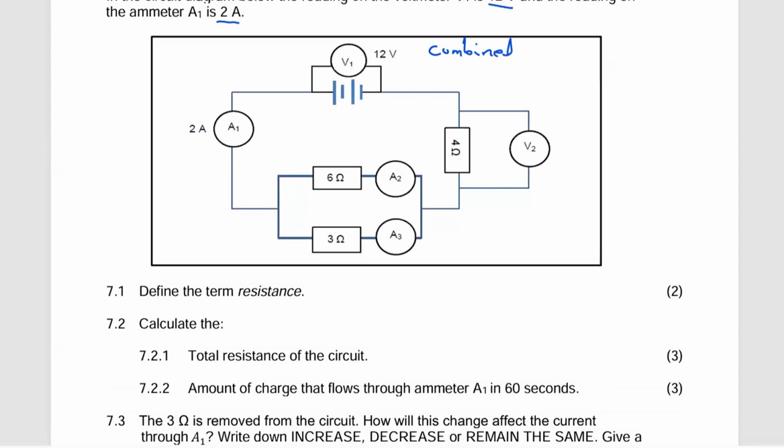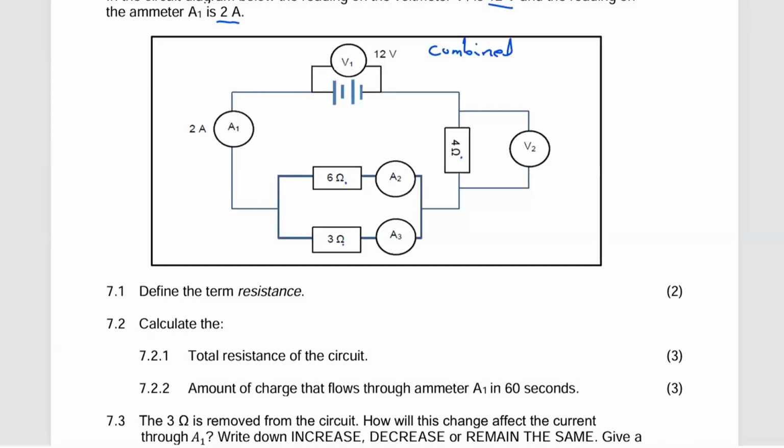It means this other part, 6 and 3, are parallel, but if you join them together, they are going to be in series with the 4 ohms resistor. The first part requires us to define the term resistance.